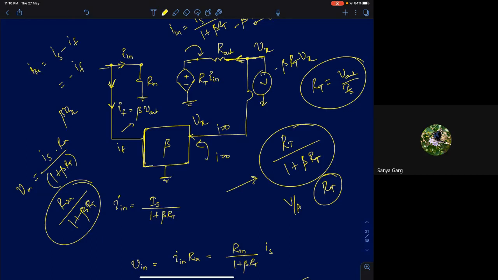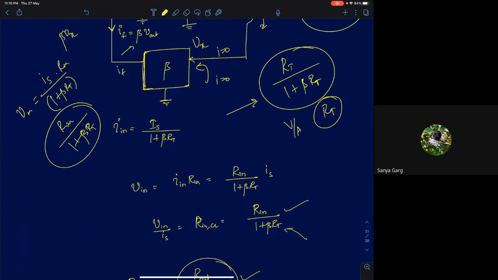In a transimpedance amplifier as well, the feedback path dimension is the inverse of the forward path's dimensions. But the product of RT into beta is a dimensionless quantity.